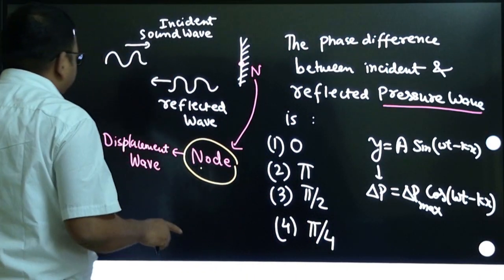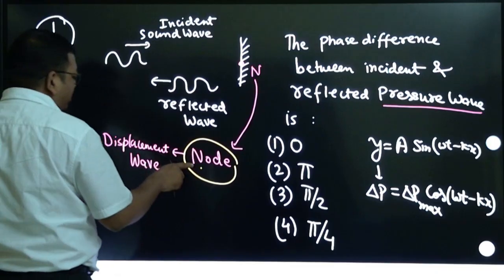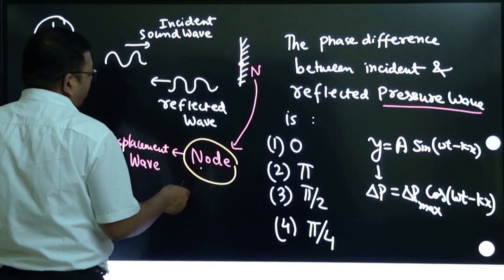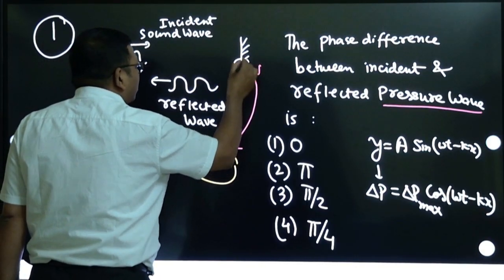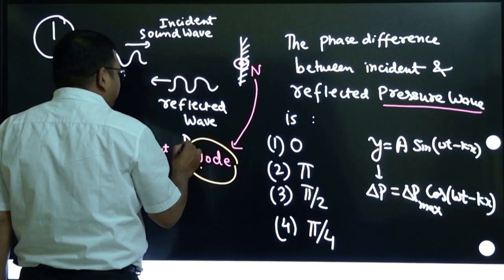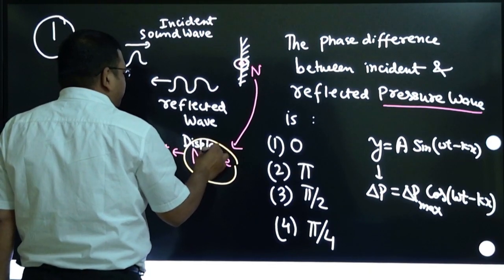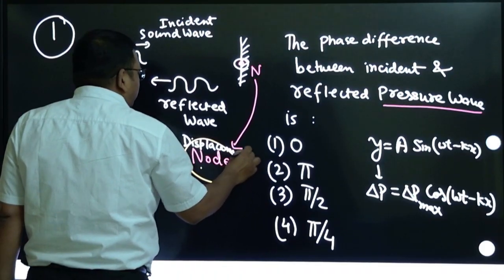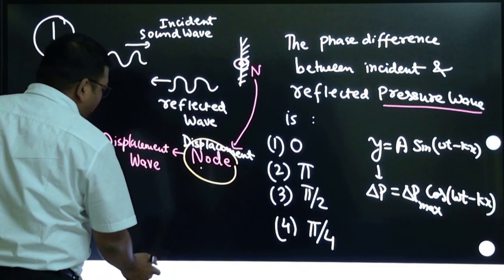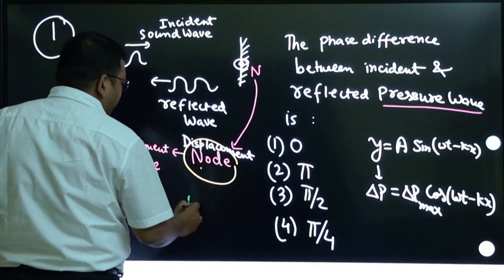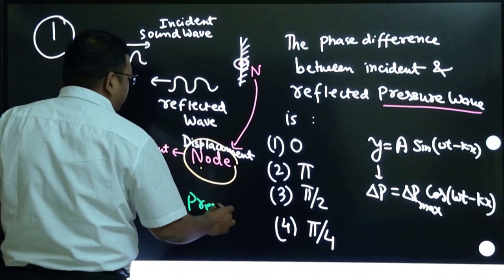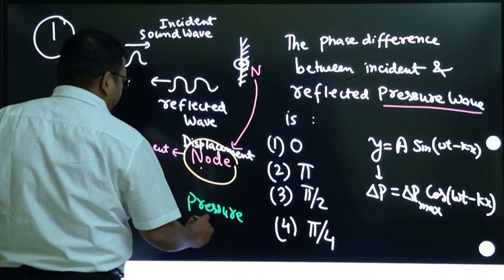So when you say that this is a node, it is a displacement node, because here displacement cannot happen. This point we are talking about is the displacement node. Now, if this point is a displacement node, it must be a pressure antinode. The same point is nothing but a pressure antinode.